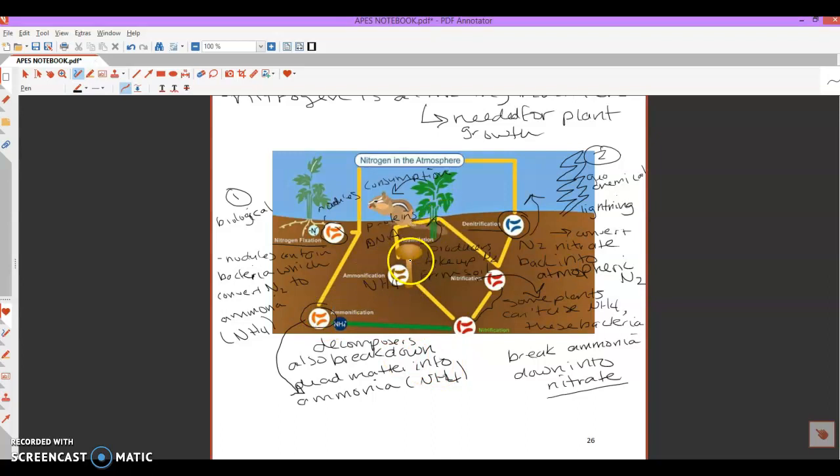The plants take up the ammonia through a process called assimilation, and then through consumption, consumers eat it to produce proteins and DNA. Other plants that can't use ammonia use bacteria to break down ammonia into nitrates. Okay? And then from that point, another set of bacteria convert the nitrates into atmospheric nitrogen, and it goes back into the atmosphere.